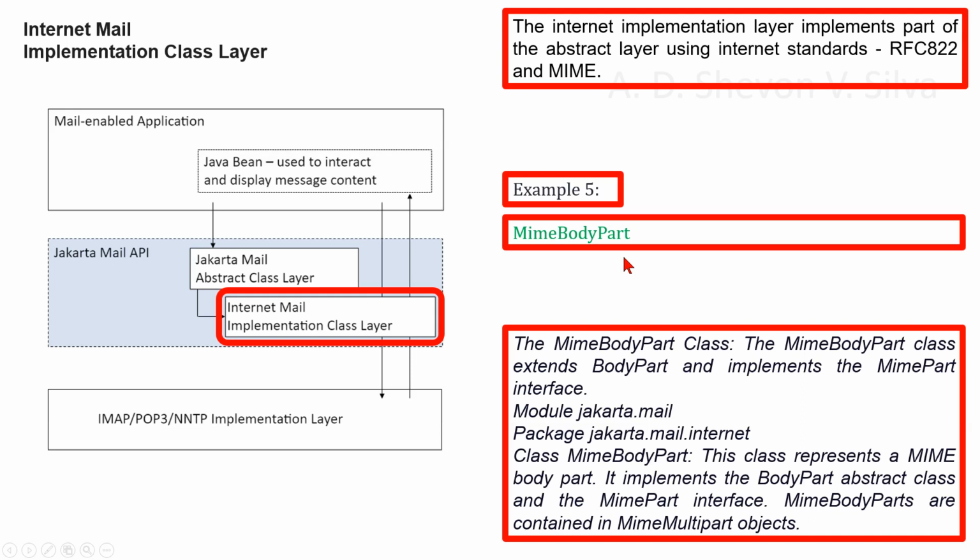MIME body parts are contained in MimeMultipart objects. This class represents a part inside a multipart. MimeBodyPart implements a body part as defined by RFC 2045 section 2.5.